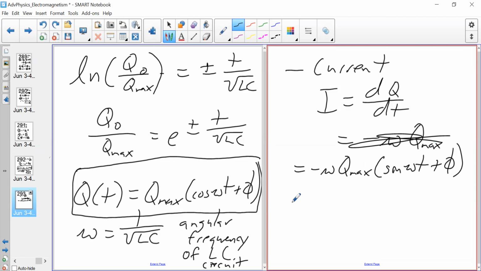And let's find this phase factor, phase shift deal.